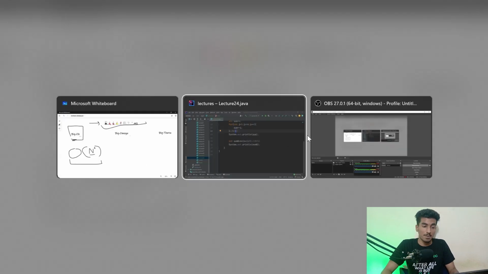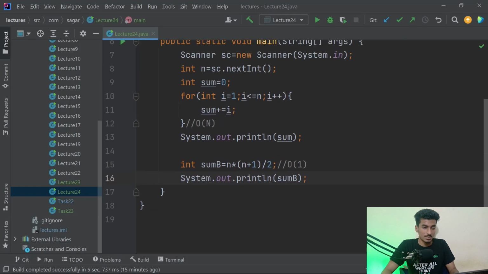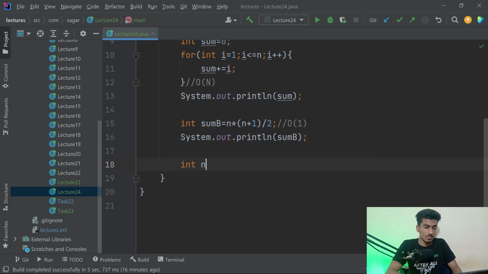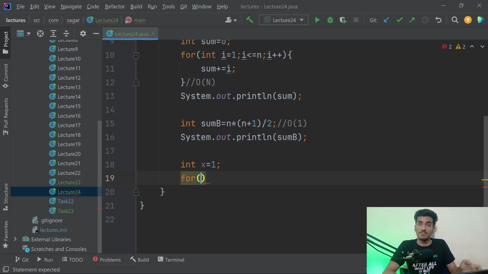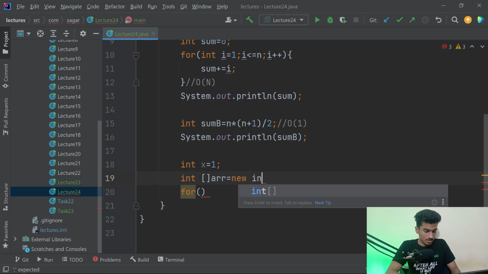For example, I will take the simplest algorithm: a linear search. Suppose we have the number x equal to 1, and we have to find that number in our array. So I will also create an array, ARR.